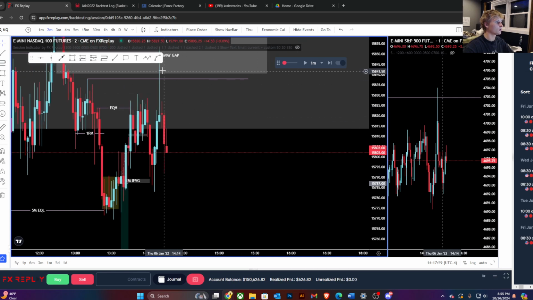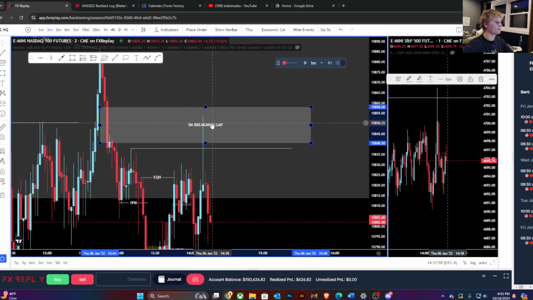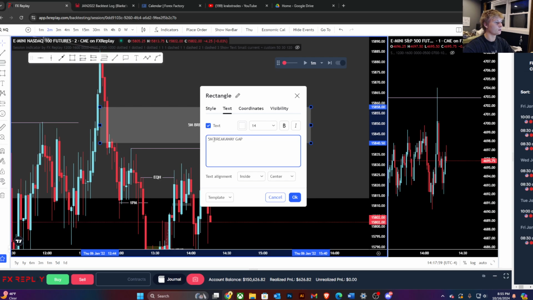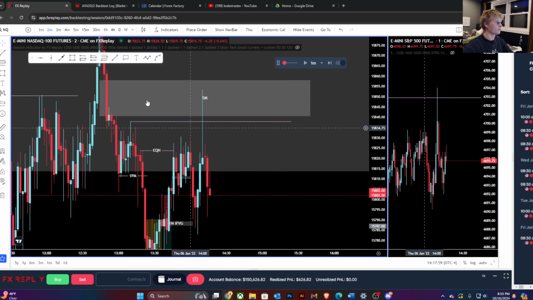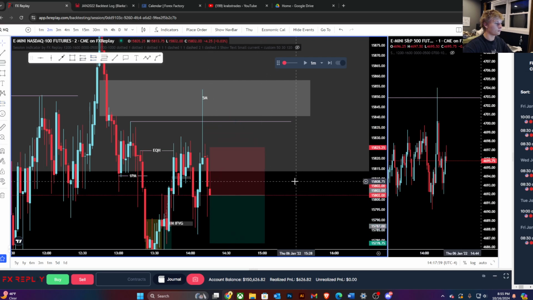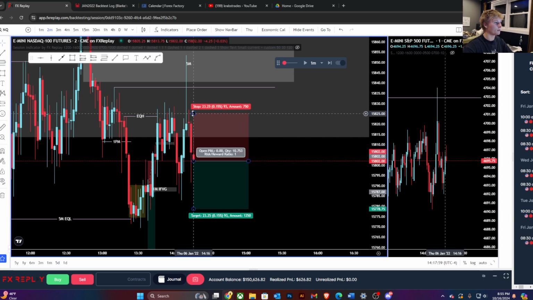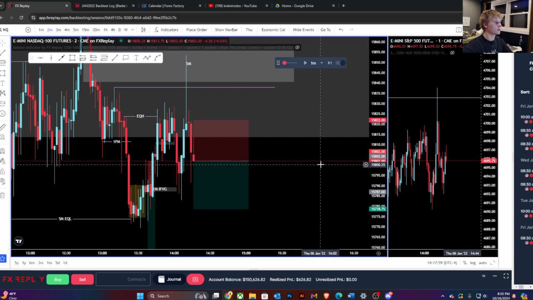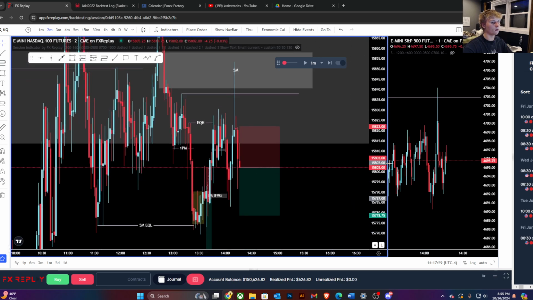So yeah, we'll forward test this one as well. Really good sweep. Tap into the 5-minute. This would probably be like the best re-entry if we actually did re-enter, because of the sweep here. Super clear.